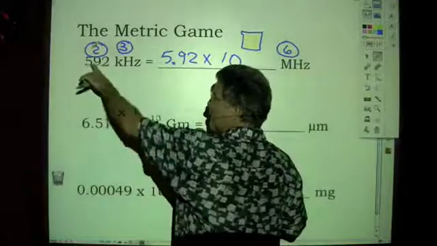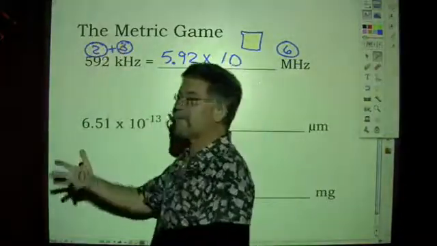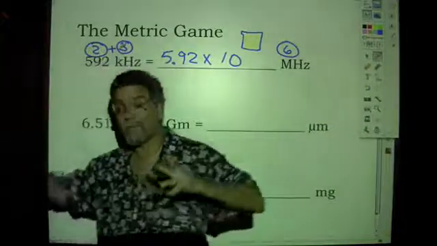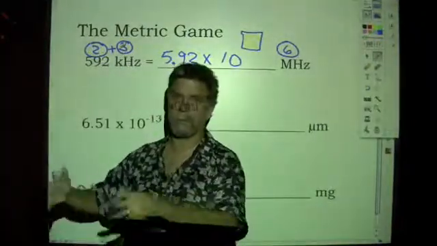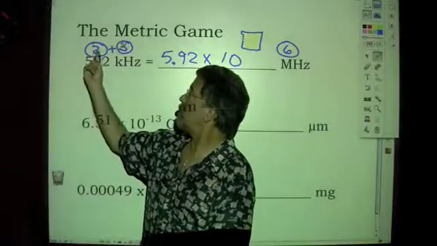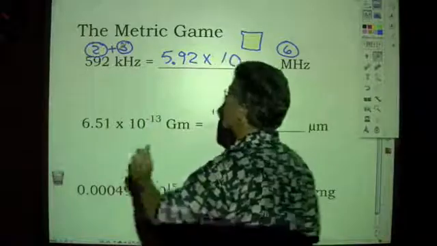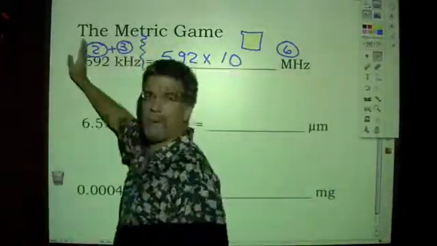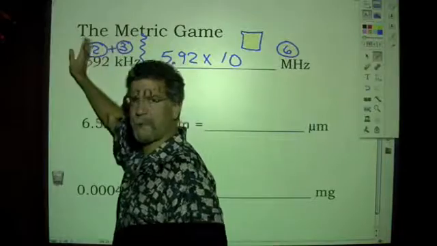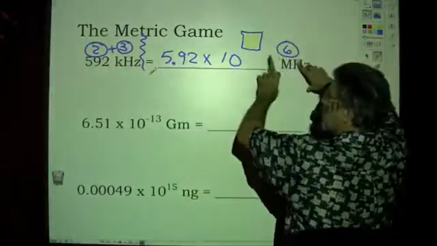Now the game is you add these up on this side. Because not only is it 592, you also have 1,000 with it, right? Because it's 592,000 hertz. So there's the 2 plus 3, puts it at 10 to the 5th. Okay? So I put the little thing there. So you add whatever your powers are up on the left side. But then I want to take that and move it over.